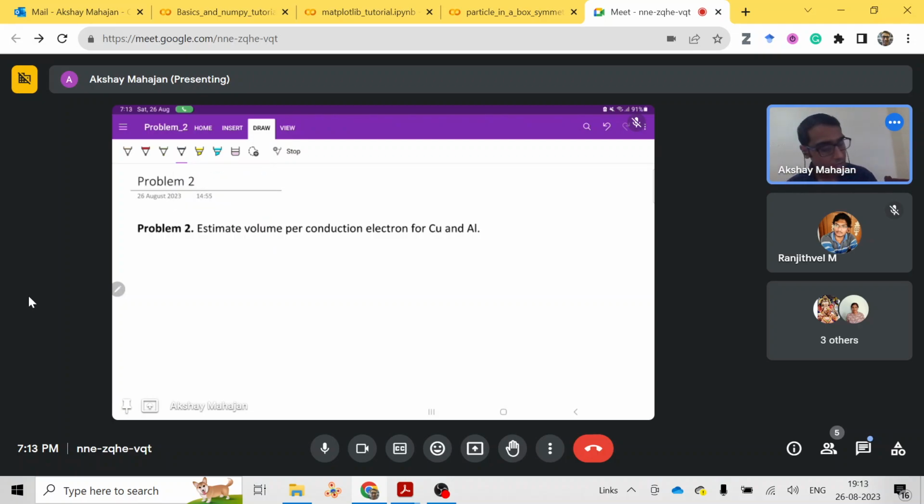So we have N, the number of conduction electrons, which we have already calculated in our previous problem, per centimeter cube. If we have the number of conduction electrons per centimeter cube, then 1 by N will be the answer that you want.